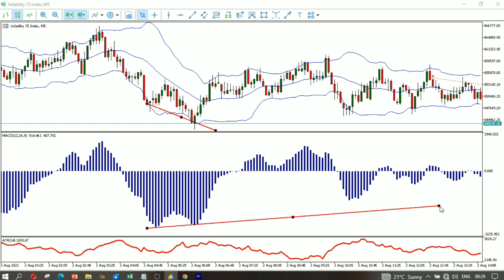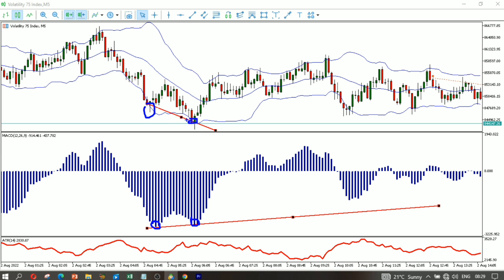But if you extend it, you can see that this market is moving to the upside, right? And this happens when the market touches the bands here. So once the market touches the bands here, you are just buying, because now you have seen the divergence happening on this point here. On this point, we are seeing a higher high, a lower high, and then here you are seeing a lower low.